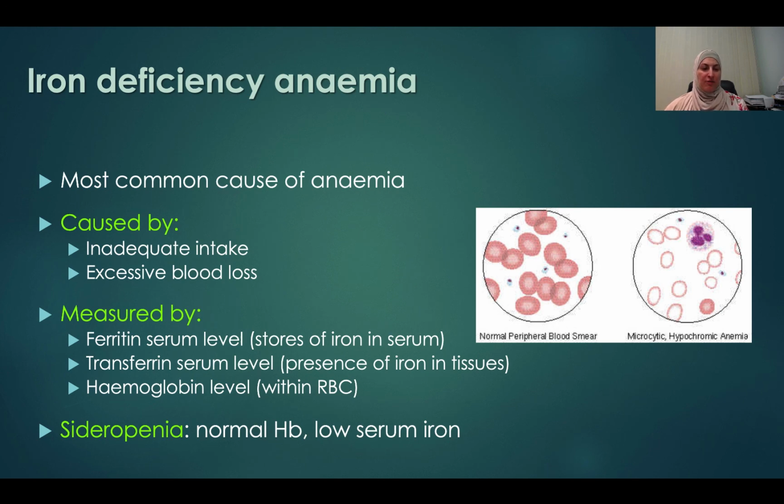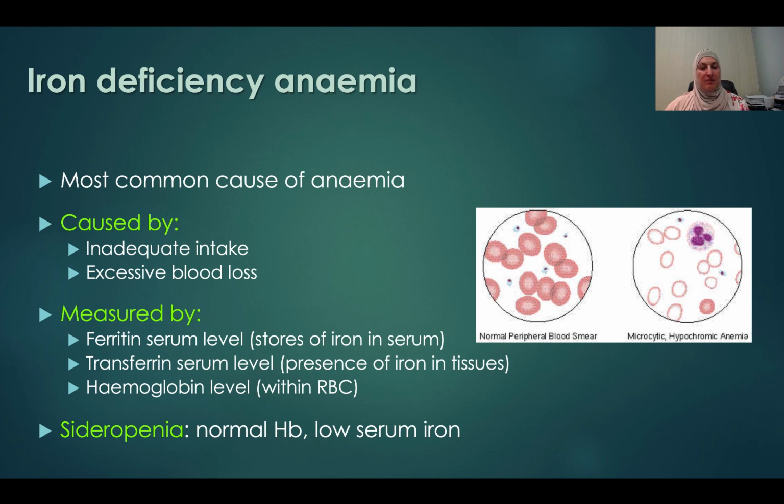We usually measure serum ferritin level, which is the protein that stores the iron, because iron cannot move as free iron in the serum. It needs to be bound to a protein, and this protein is called ferritin. So when we have a low amount of ferritin, this indicates there is no adequate amount of iron in the body, and there are no stores of iron.